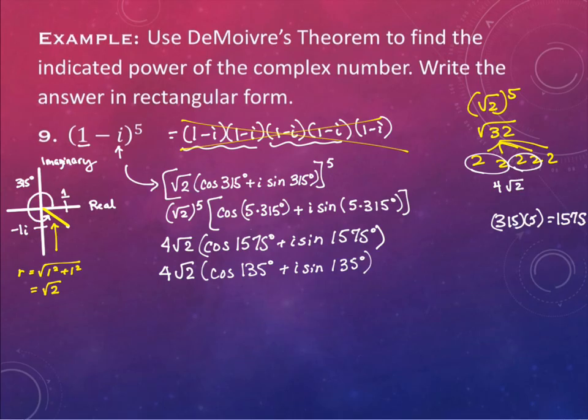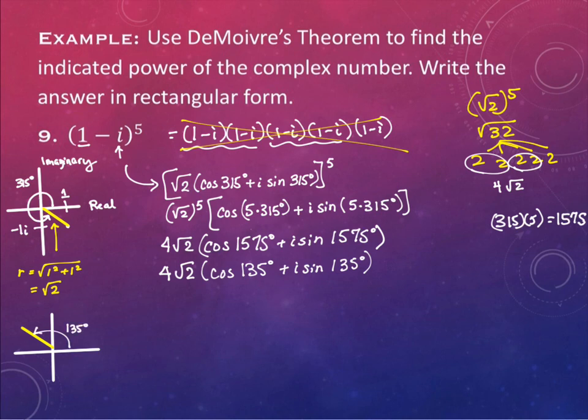Previously, when I was at 315, I was in quadrant 4, but at 135, where am I? I'm in quadrant 2. As I've moved around and done this 5 times in essence, I have now moved back into quadrant 2 up here, right? So I'm at 135 degrees.